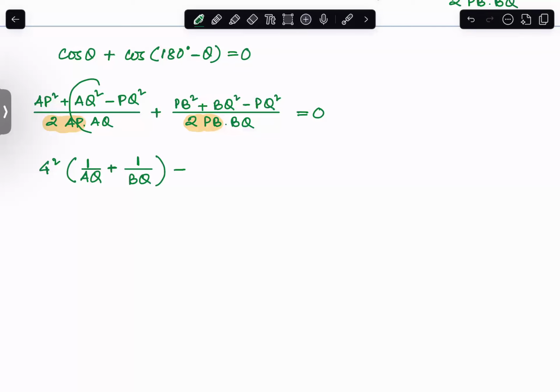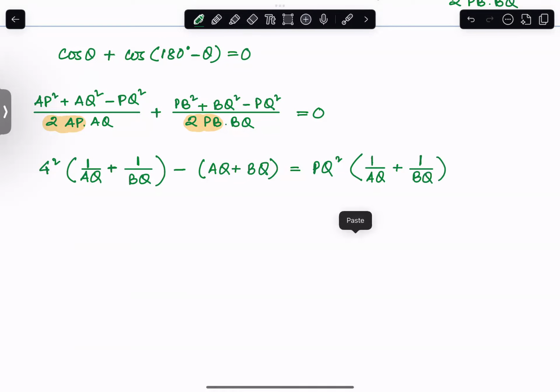Then the middle portion, AQ square by AQ, so that can be written as only AQ, while on the other part it's BQ square by BQ, so that BQ is equals to PQ square into 1 by QA or 1 by AQ plus 1 by BQ, right?